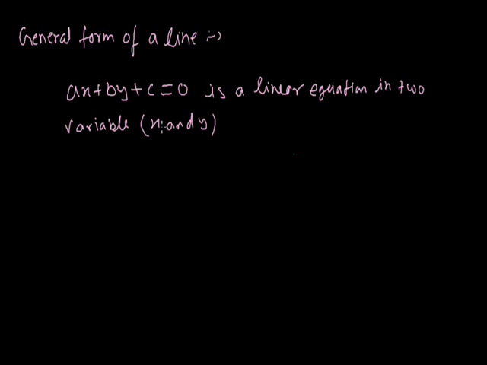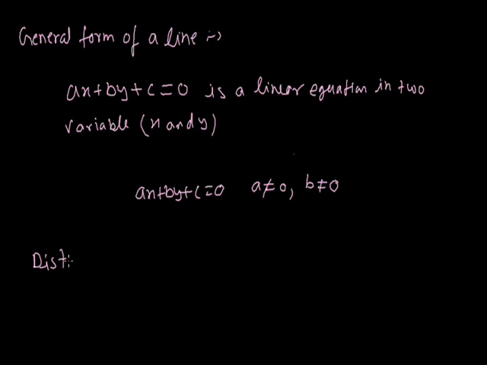And we know that the graph of ax plus by plus c is equal to 0 is always a straight line. Therefore, any equation of the form ax plus by plus c is equal to 0, where a should not be equal to 0 and b also should not be equal to 0, is called the general form of the equation of a line. Now here we are going to take the distance of a point from a line.